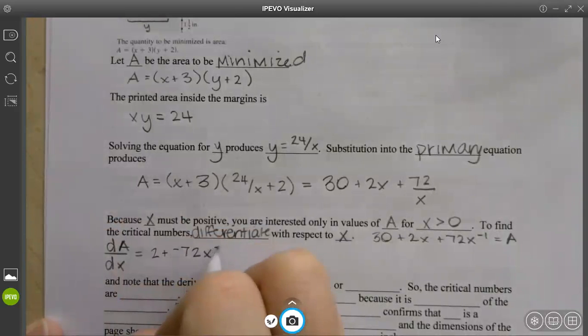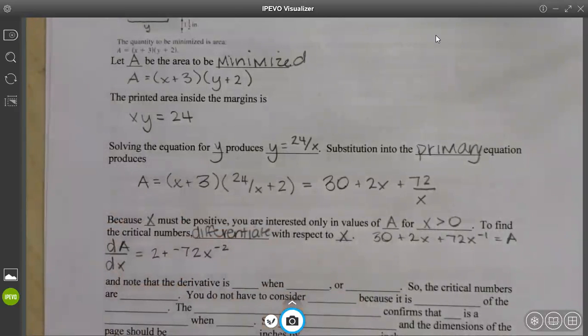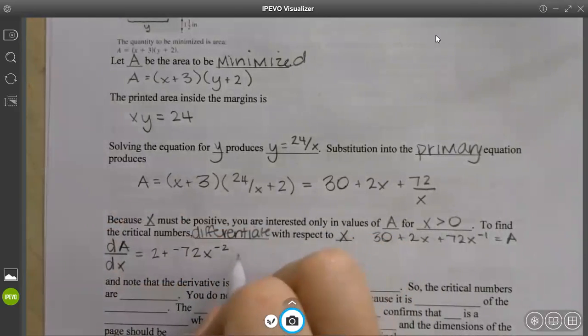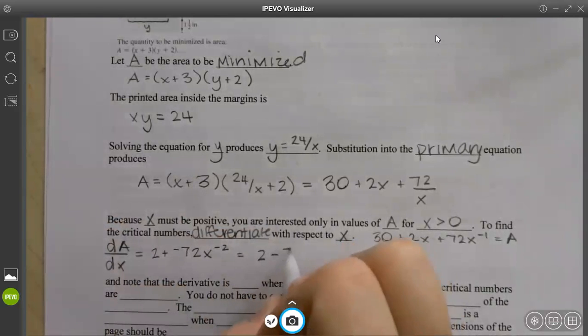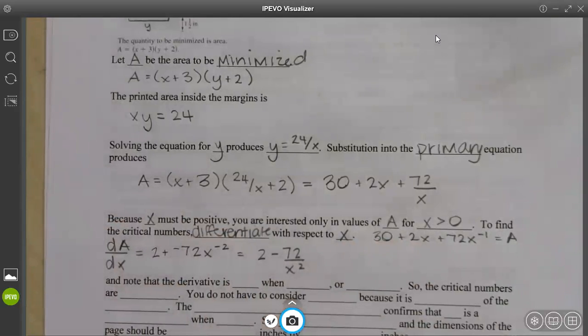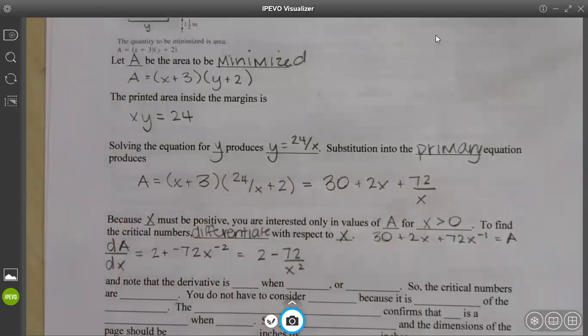Negative 72. Let's put x to the -2, and then we'll rewrite it. So it'll be 2 minus 72 over x squared. Is everybody okay with that?